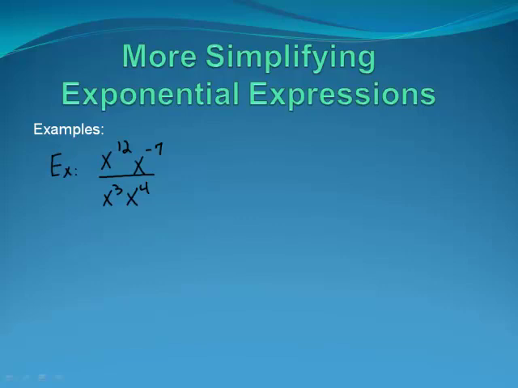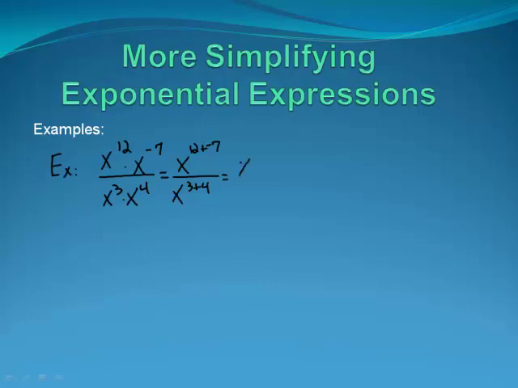Okay, several different ways you could do this problem. I'm going to choose to simplify the numerator and then simplify the denominator using properties of exponents. So like bases being multiplied can be simplified by adding the exponents. So I'm going to do that both in my numerator and my denominator.